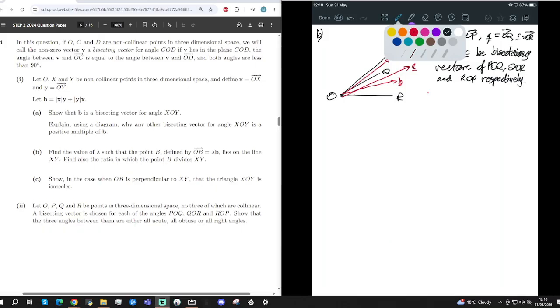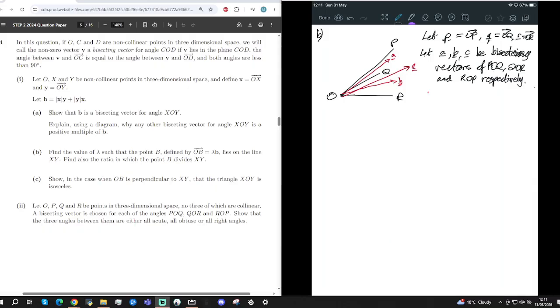And I'm trying to show that the angles between them, so the angles between my bisecting vectors, are either all acute, all obtuse, or all right angles. Gosh, that seems like a condition. Well, this is going back to something we said about the dot product and the sign of the dot product.